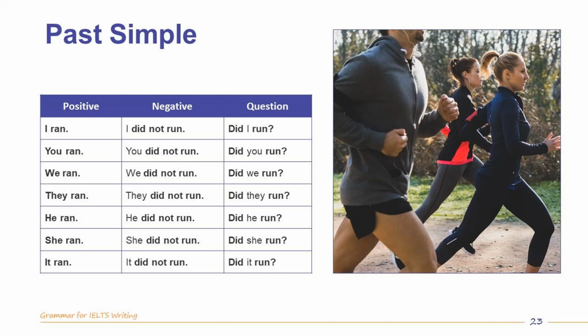So, whereas you might say I walked or she watched, there are also cases like we ate or they wrote, for which you simply need to remember the correct past form. Here is an example using an irregular verb, to run. I ran, I did not run, did I run? And so on.